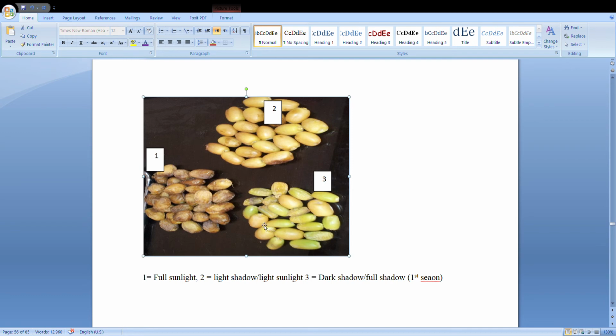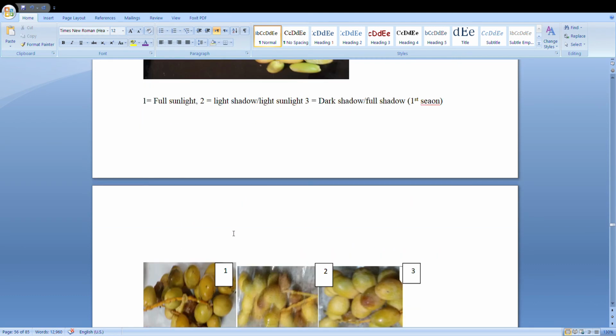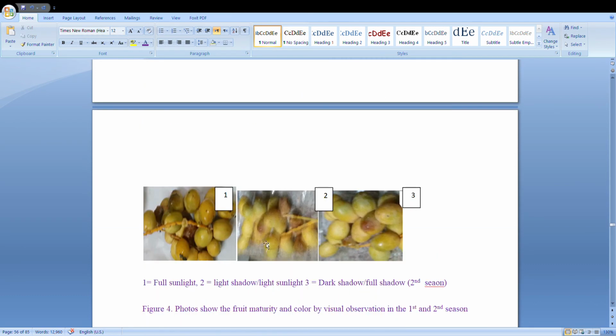The full sunlight maturity content is higher. The other two, light shadow and shadow sunlight, are still green, not ripened. This is a little bit ripened, but this one is fully ripened due to sunlight. Same with the light sunlight and dark sunlight: still not ripened, green color, while the full sunlight one is fully ripened.